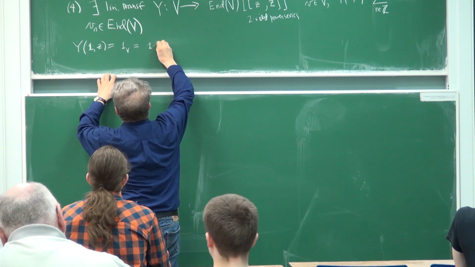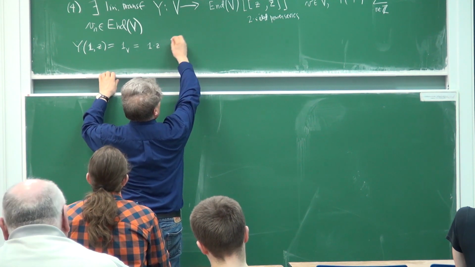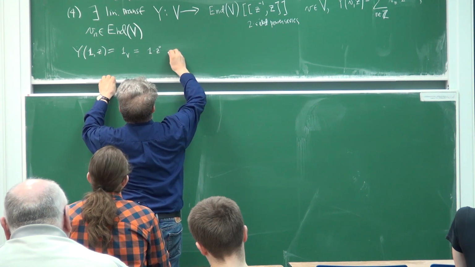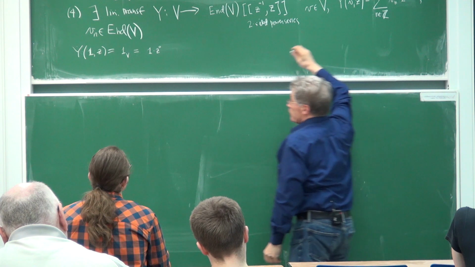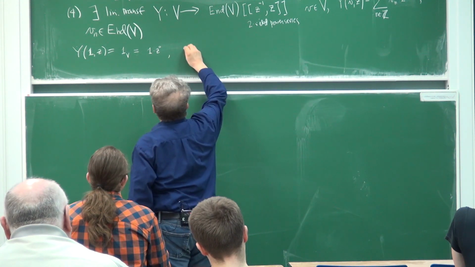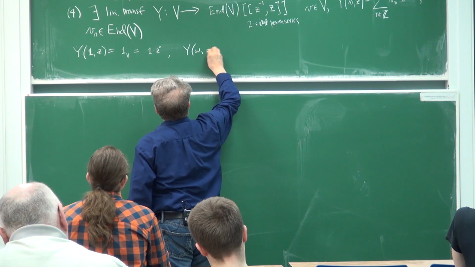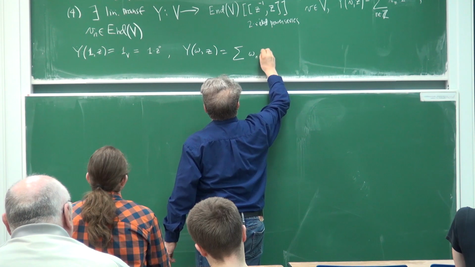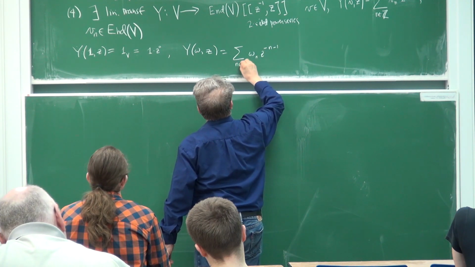It's 1 at z to the power 0, and all the coefficients at the other powers of z are 0. And when you apply it to the Virasoro element, you get this.